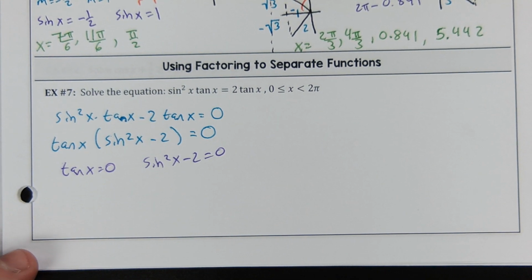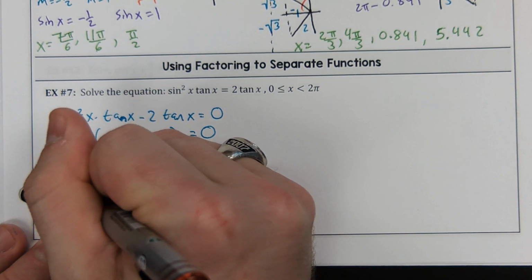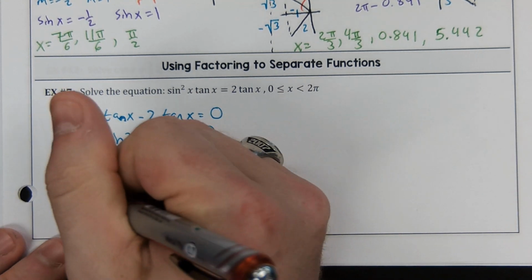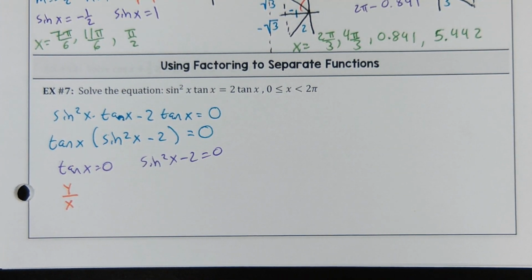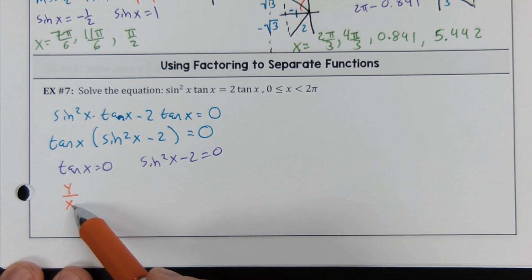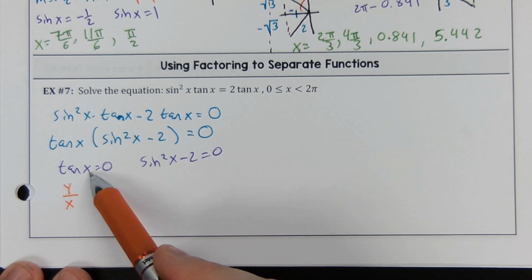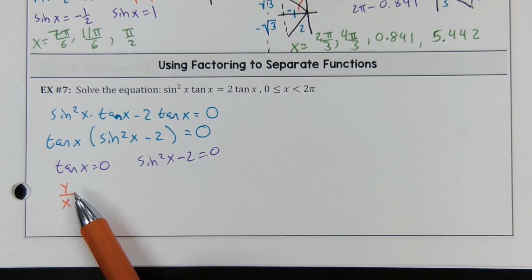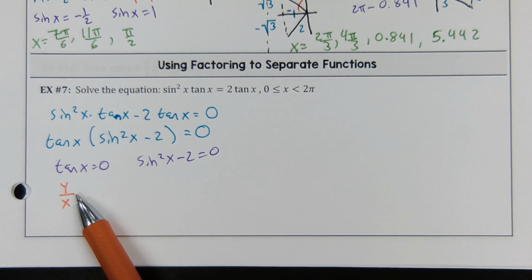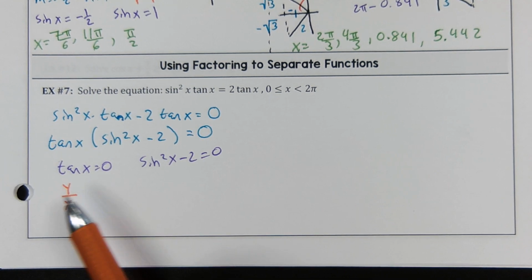Tangent of theta is calculated by doing the vertical of a triangle divided by the horizontal of a triangle, if it's a triangle. By the way, this is length x, this is variable x. They're different, which is why I changed colors. But when is this fraction going to have a value of 0? When y is 0.